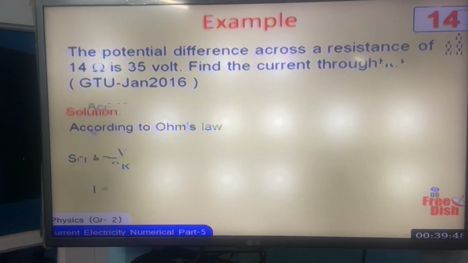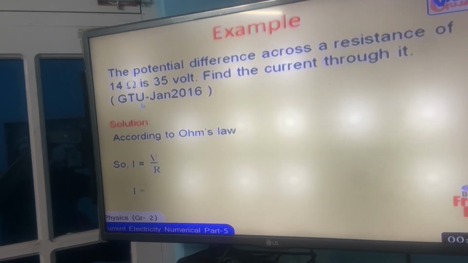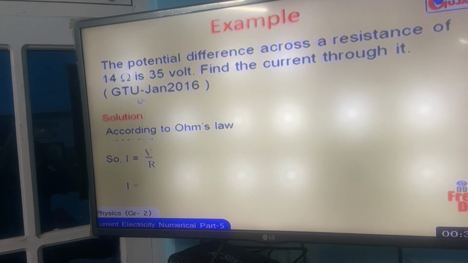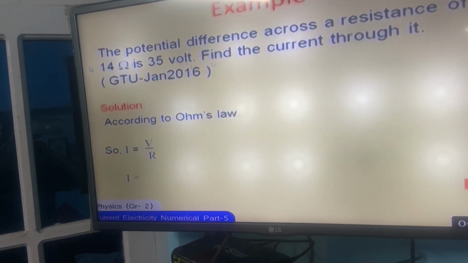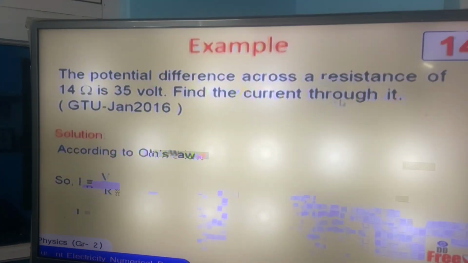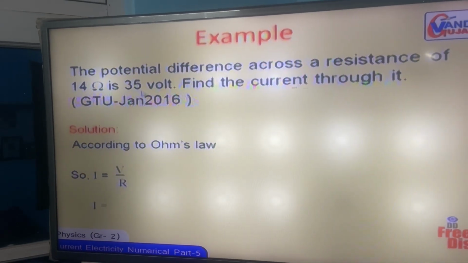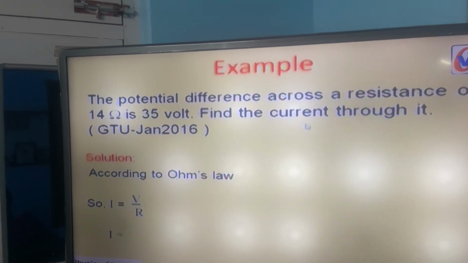Another example that was asked recently in the January 2016 GTU exam. The potential difference across a resistance of 14 ohm is 35 volt. Find the current through it. Again, we are given resistance and volt, meaning potential difference. We have to find out current.